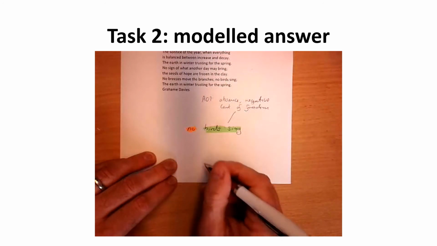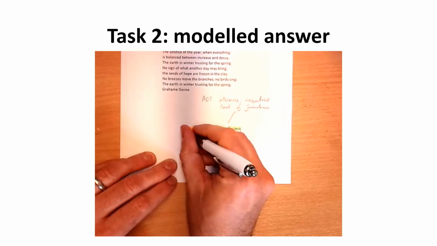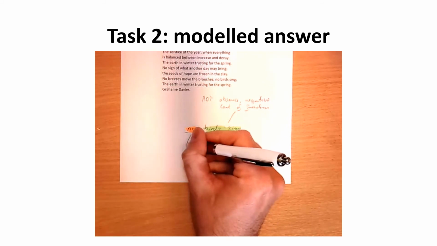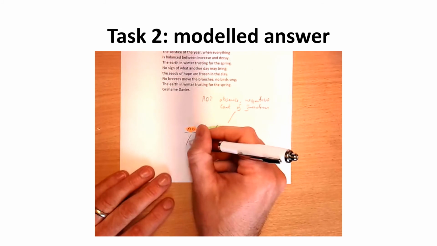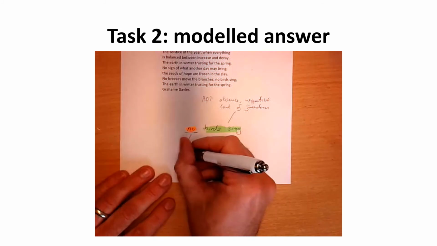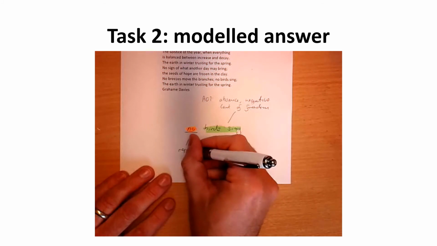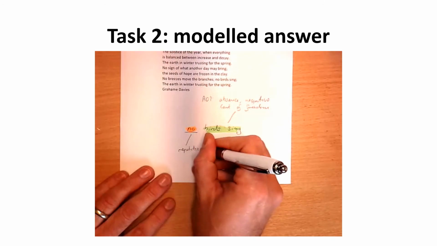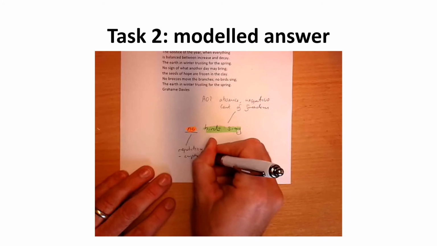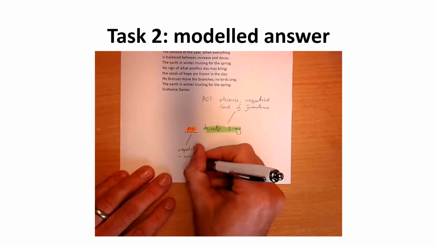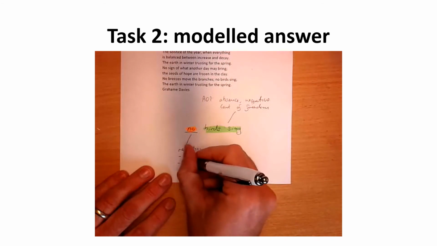AO2 is when we talk about how, and that's where we're going to zoom in on the language. So sometimes we zoom in and we talk about why that word has been chosen. I want to talk here about the technique, which is repetition. Repetition here is for emphasis. And I also want to mention the fact that it continues through the text.